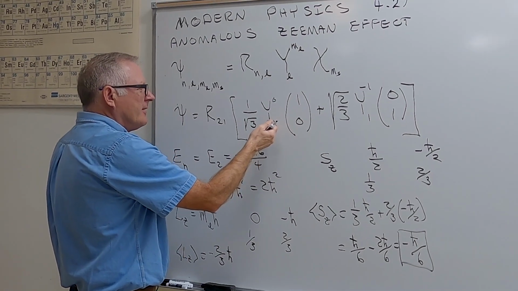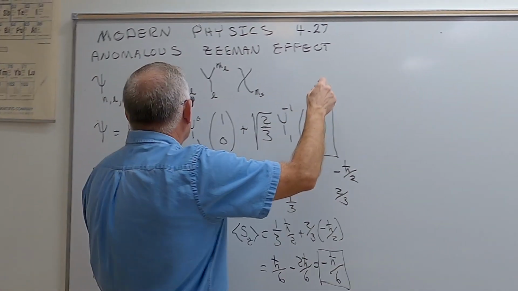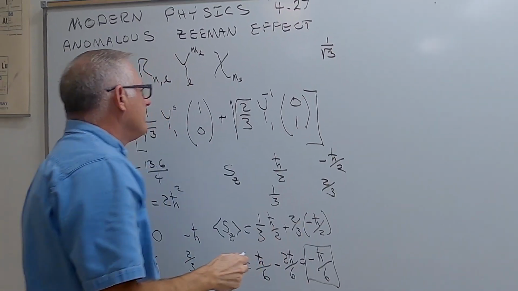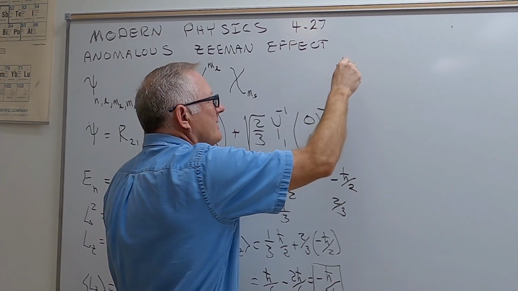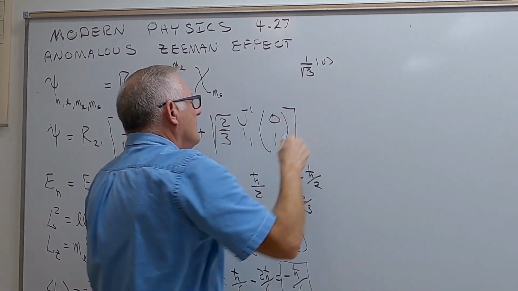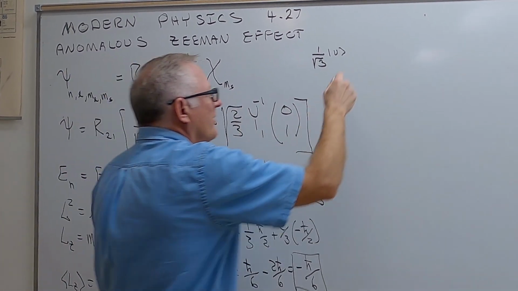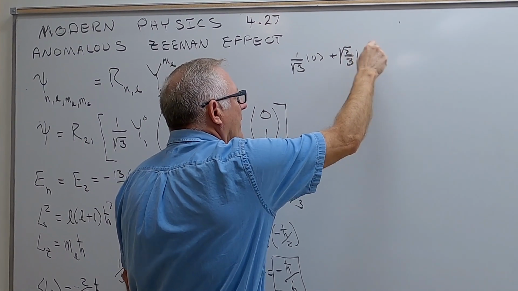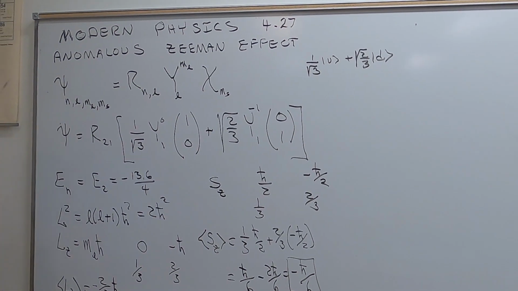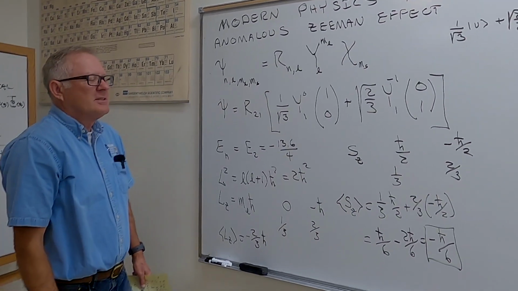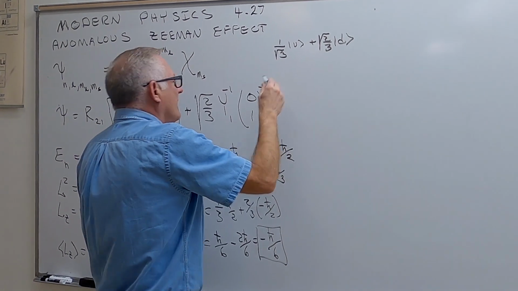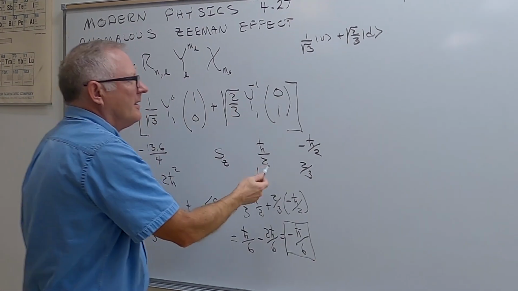So I could have just turned this into 1 over the square root of 3 up plus the square root of 2 over 3 down. And then I could have turned my ups and downs into rights and lefts, just like we did before. So the other part doesn't even matter on this.